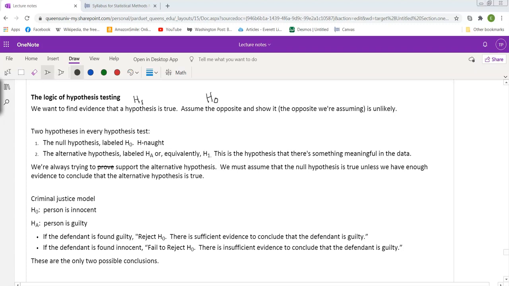So hypothesis testing was modeled after the criminal justice system in the United States. And you've probably watched enough cop shows or whatever to know that a person is innocent until proven guilty. So in a criminal trial, what they're trying to do is prove, even though we don't like the word prove, that the defendant is guilty. So this is our alternative hypothesis. Our null hypothesis is the opposite of that. That's the thing that we have to assume unless we find enough evidence to conclude that the person is guilty.